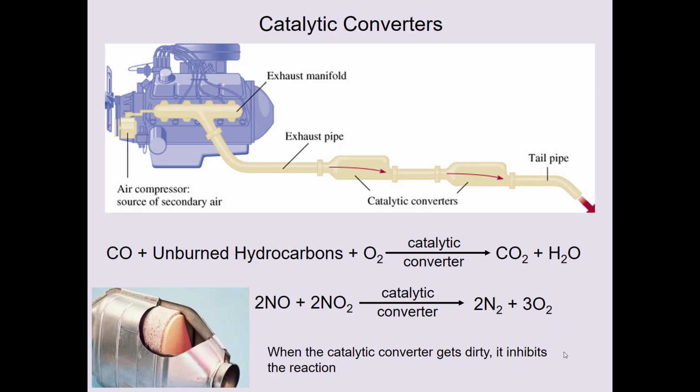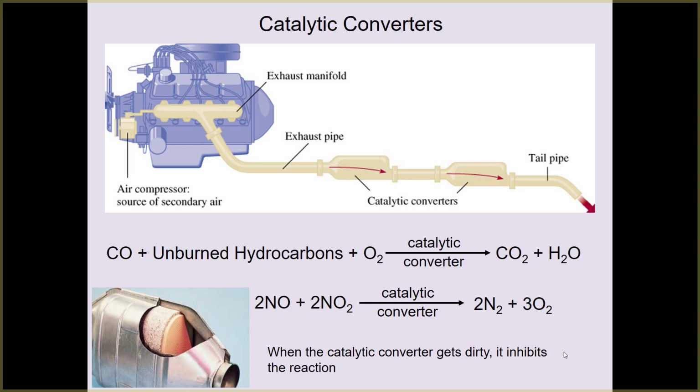Here's another picture of a catalytic converter. You can see that not only does it get rid of that CO2, but it also gets rid of some of these nitrous oxides that are poisonous to us, and it turns it into just atmospheric nitrogen and oxygen. It's not just a flat piece of metal. You can kind of see it here.